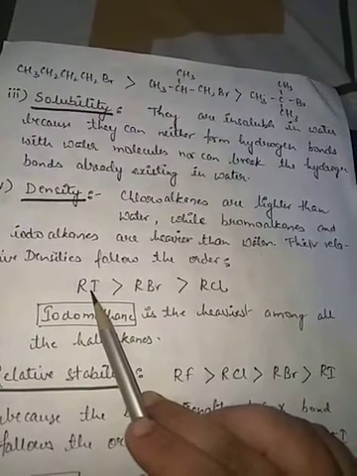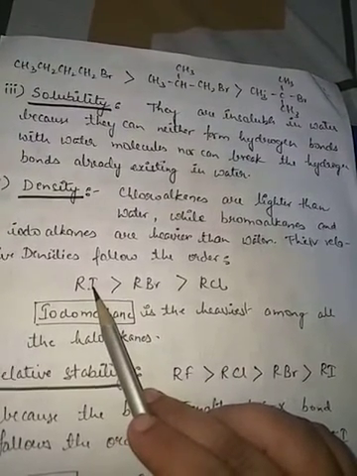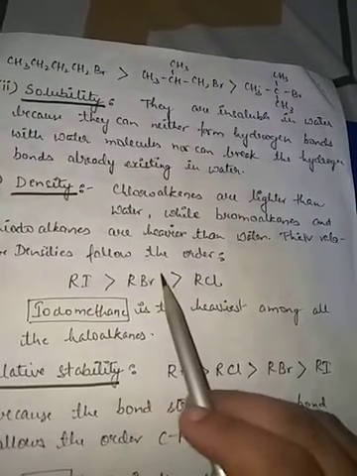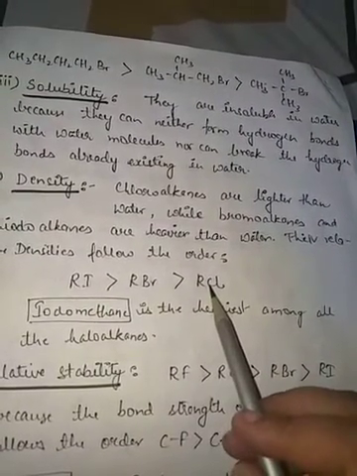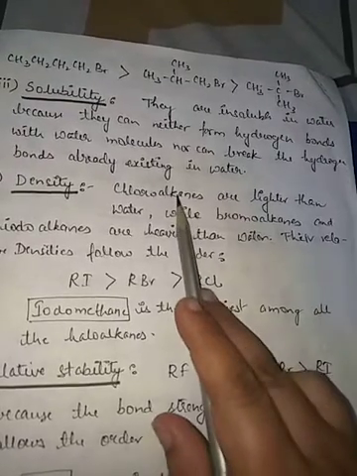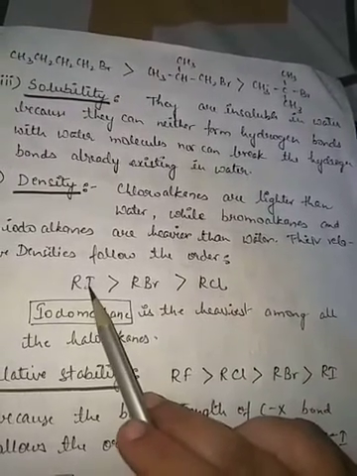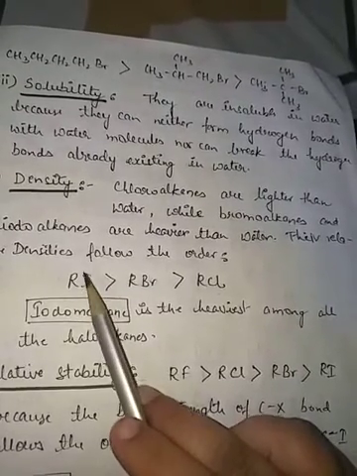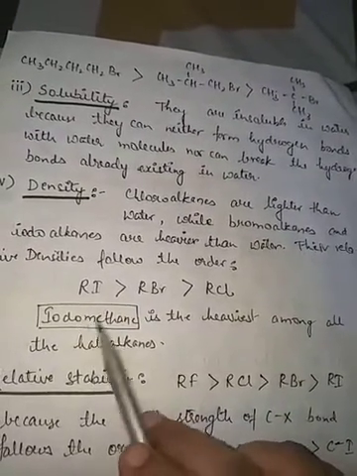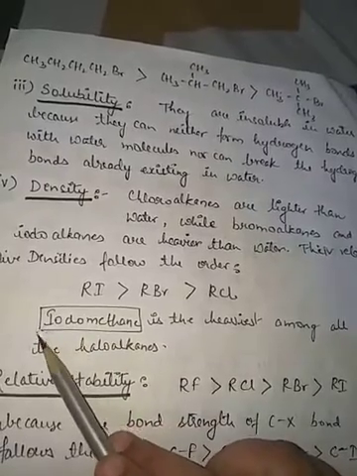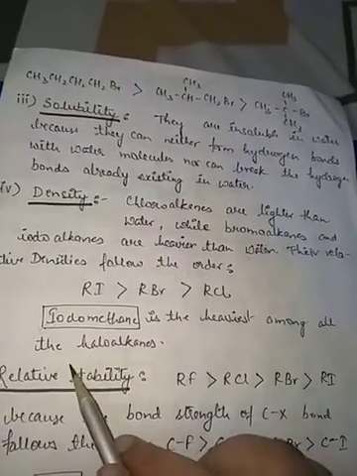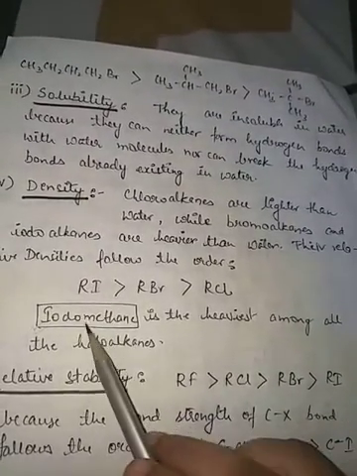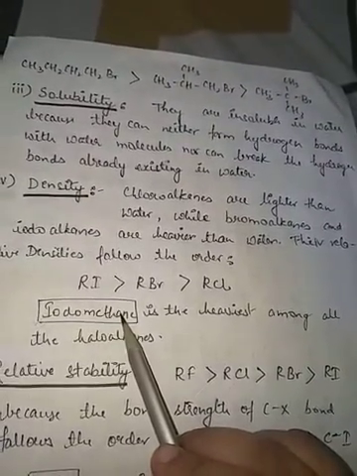Any alkyl iodide, RI, will have the greatest density, then RBr, and then RCl. RCl is lighter, and iodides are the heaviest, their density is the greatest. Iodomethane is the heaviest among all haloalkanes.